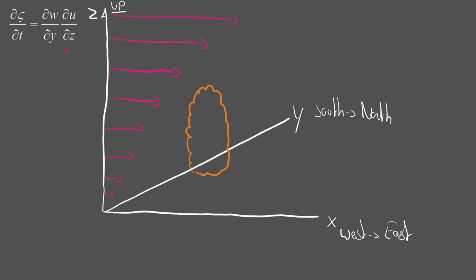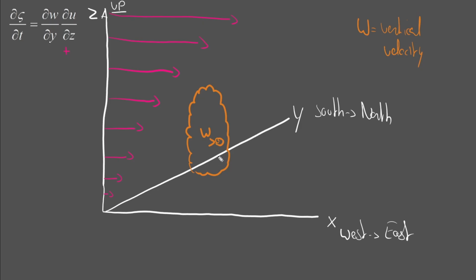If you put our tube now, dw/dy is positive. This means that w here is positive, bigger than 0, because as we now know, w is vertical velocity.